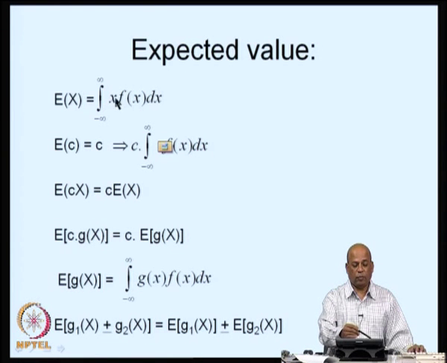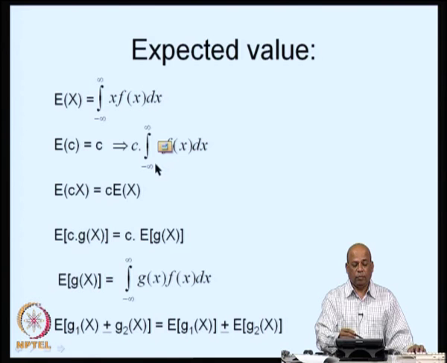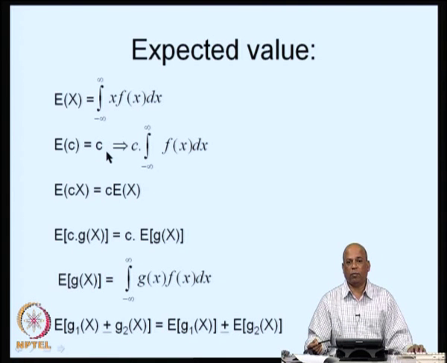That is, instead of the expected value of x, we are talking about the expected value of a constant. The integral of f of x dx from minus infinity to plus infinity is equal to 1, and therefore the expected value of c turns out to be c itself. So, the expected value of a constant is the constant itself, which is quite obvious in the sense that you are given a random variable whose probability density function is known, and you are asking for the expected value of 5. So, the expected value of 5 will be 5 itself.